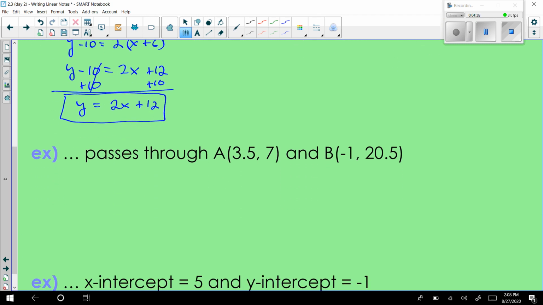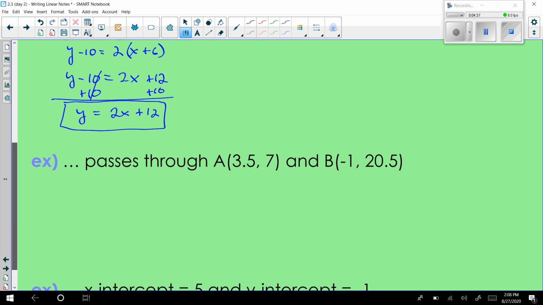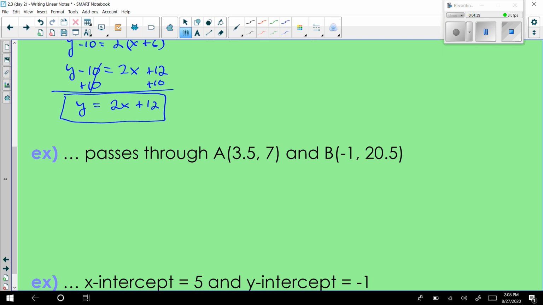All right, next example says it's going to pass through this point A, (3.5, 7), and point B, (-1, 20.5). All right, I'm going to start with the slope formula, which is y2 minus y1 over x2 minus x1. I'm going to call this my (x1, y1) for my first point, (x2, y2) for my second point.